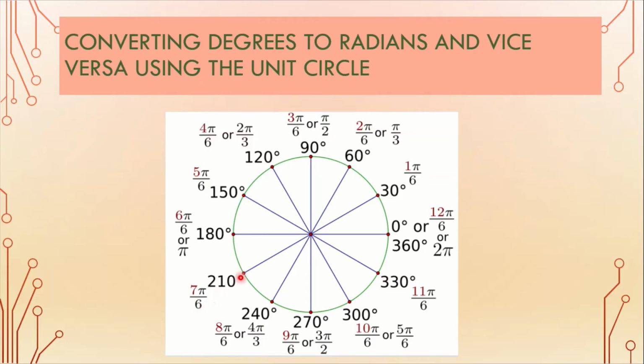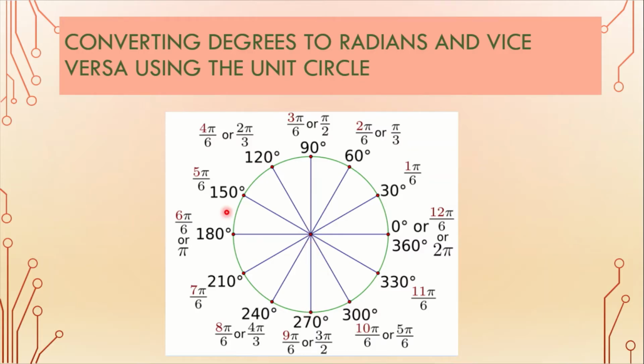Here you follow the same process for 240 degrees. You add 60 degrees to 180 to get 240, meaning you are adding pi all over 3 to pi. The equivalent of that is 4 pi all over 3. You can solve the equivalent of the remaining degree measures using that process.